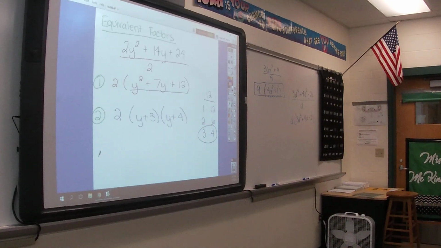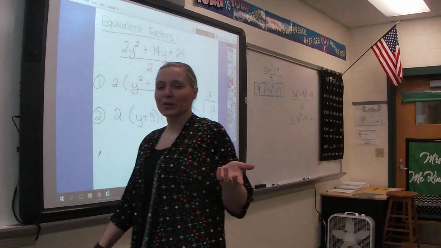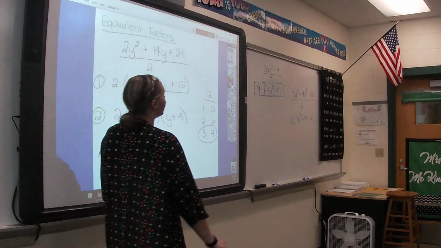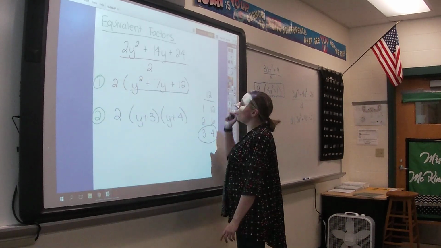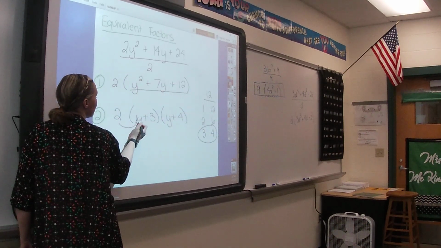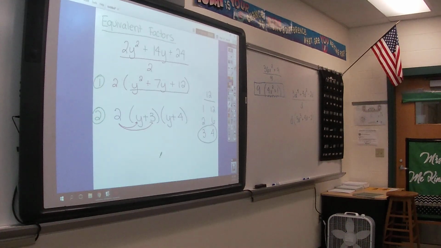Okay, and then my student's like, perfect, that's great. In my work, I found 2 of them. But we actually have a couple more, and you don't know it, but I sort of was getting you to think about this when we did the sticker quest. Because in that sticker quest, we said, okay, well, what happens if I take this 2 and I distribute it into one of the binomials? I can't distribute it into both of them.